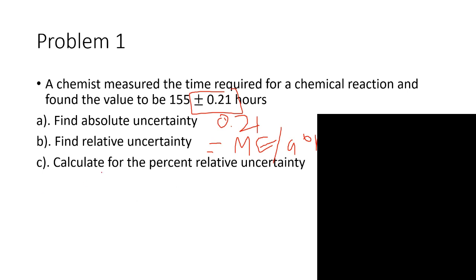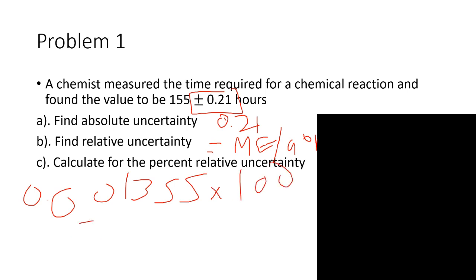Now calculate the percent relative uncertainty. This is the relative uncertainty, 0.001355, times 100.